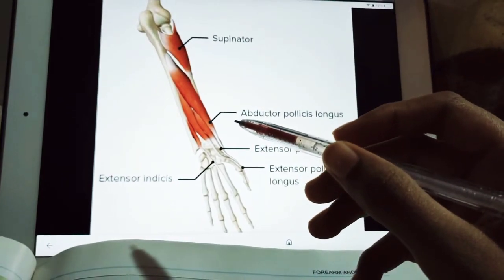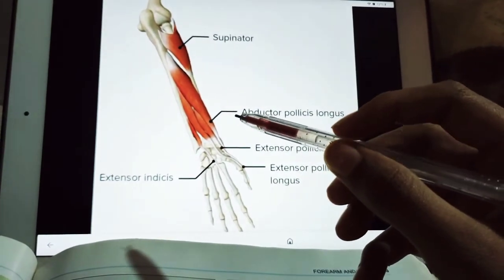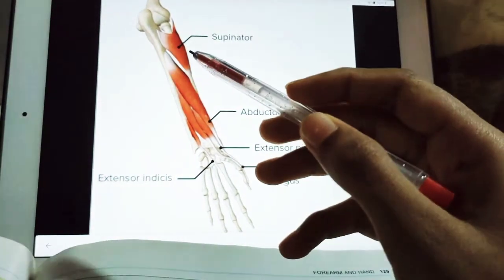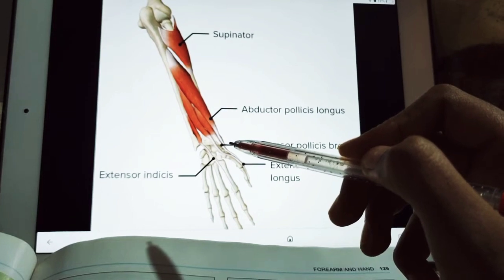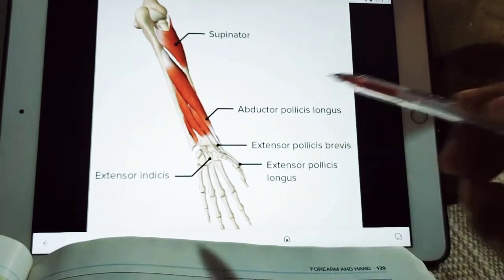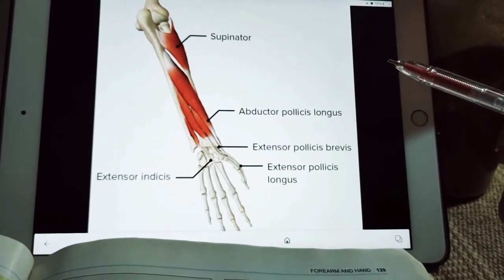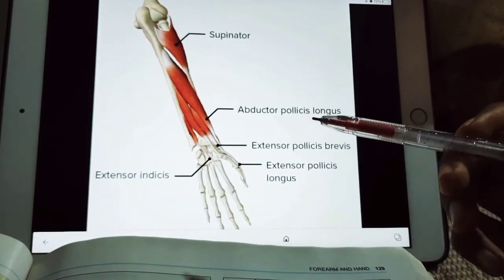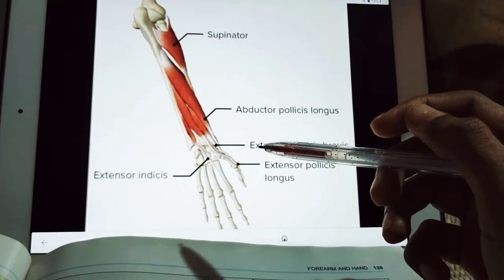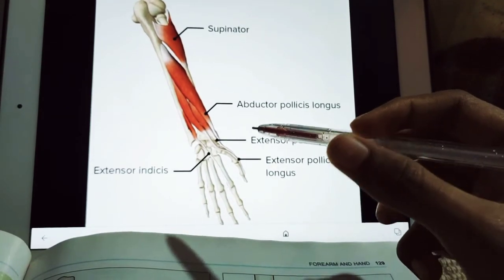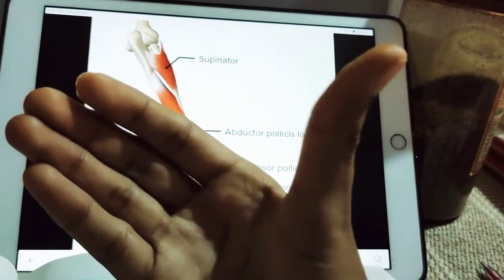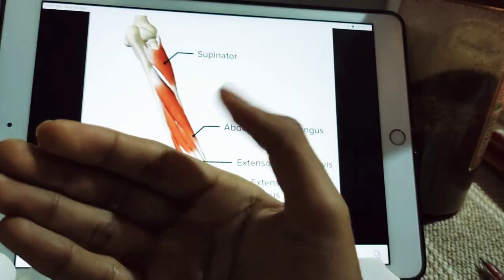It originates from the posterior surface of both the shaft of the radius and the ulna, and is inserted into the base of the first metacarpal bone, which is the thumb. It is supplied by the deep branch of the radial nerve. It is useful, according to the name, for abduction and extension of the thumb. Abduction of the thumb means like this, away; towards is adduction.